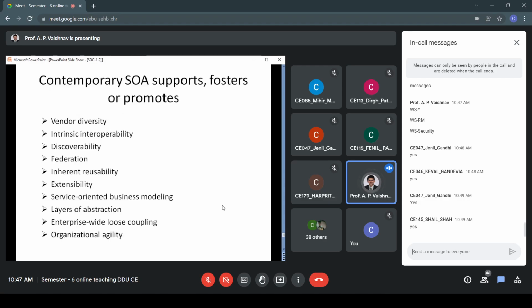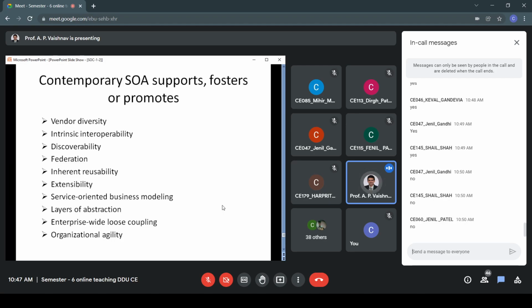Now, we also discussed vendor diversity, and I gave you the example: let us say you have a solution designed by Microsoft and another solution designed by Oracle. If you want to join both these solutions, is it possible to do it directly without any modifications? No, right?